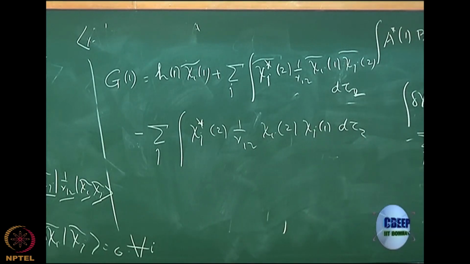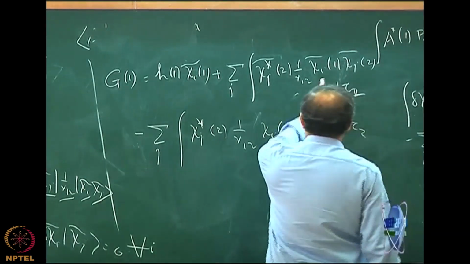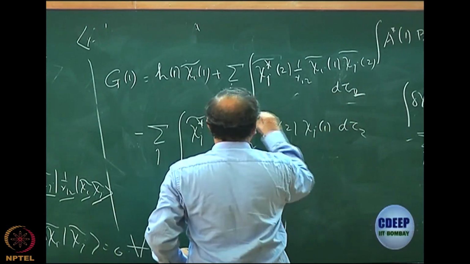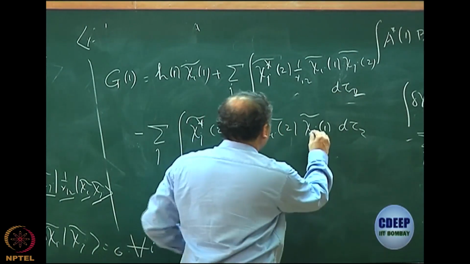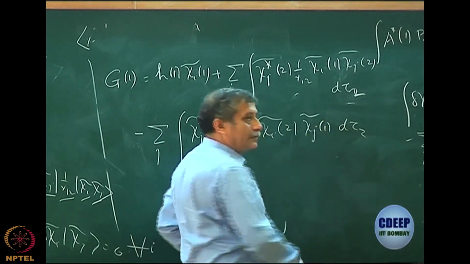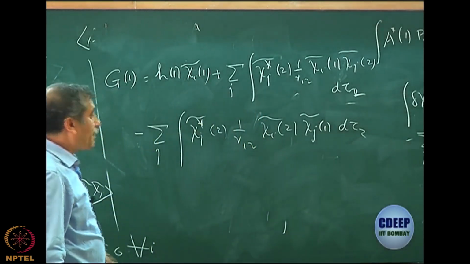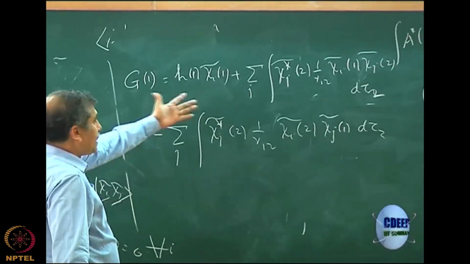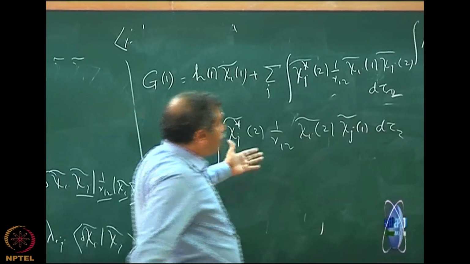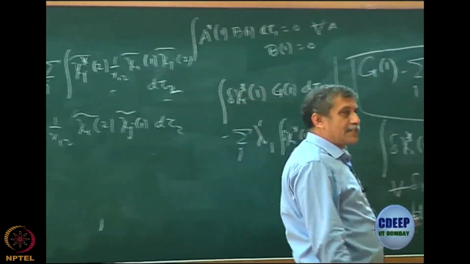So again, writing the tildes: chi I tilde 2, chi j tilde 1. This is chi j tilde 1. So up to this point there is no problem. Do you have any problem with this? There is no problem. So if I simply write it like this and then push this G here, that's my Hartree-Fock equation.